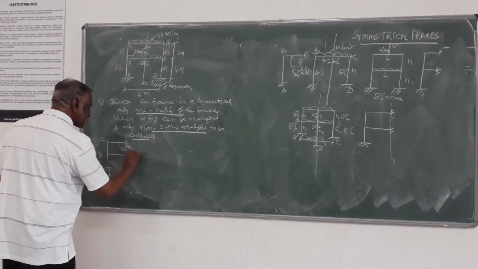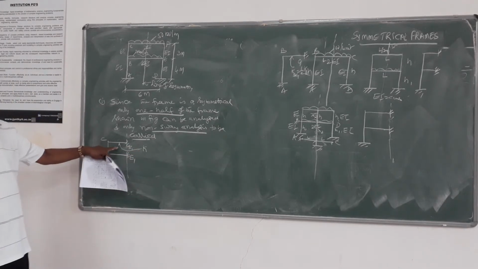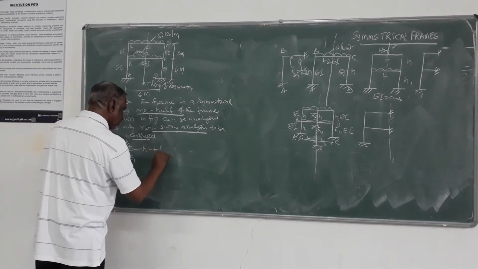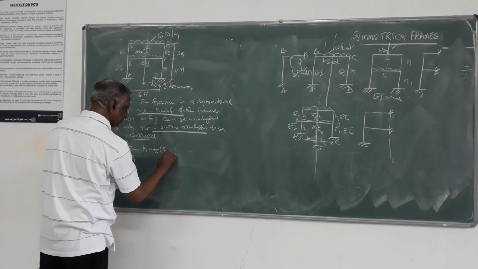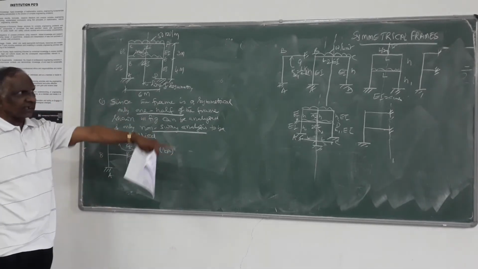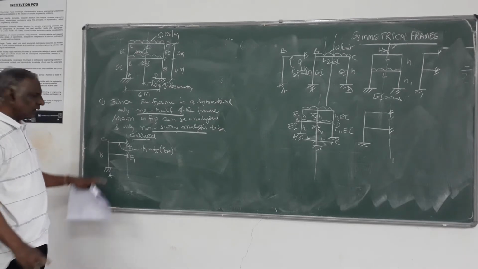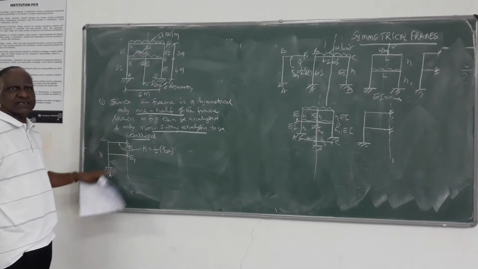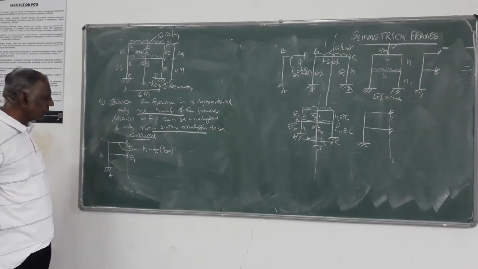And the stiffness, straight away, the K of this member, you can take as half the stiffness of the regular member, KCF. That's what I told while explaining that. This is a very important thing you have to remember. That is, the stiffness of that particular member which has been cut by the symmetrical line, you have to take as half that of the regular member.